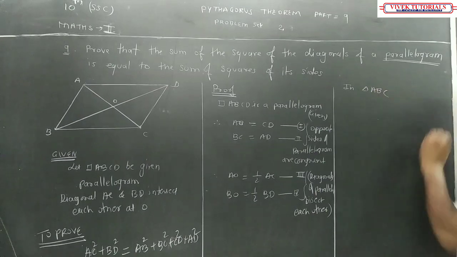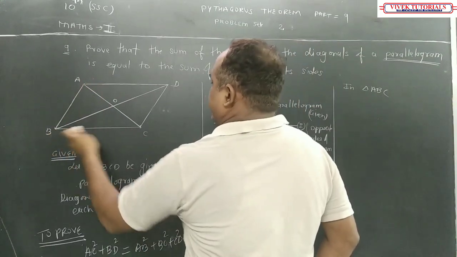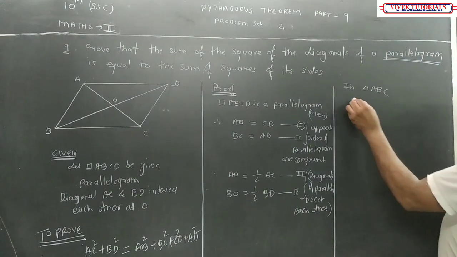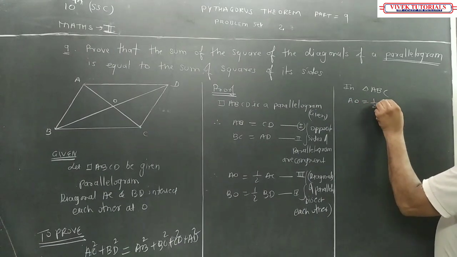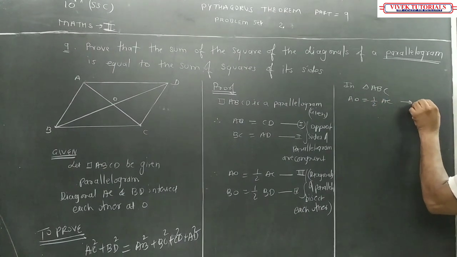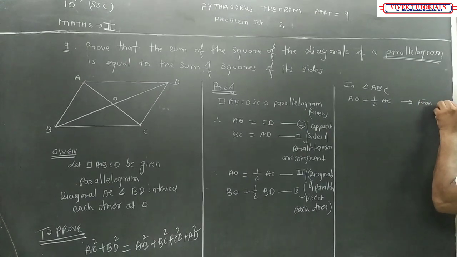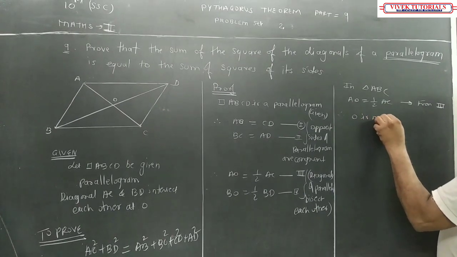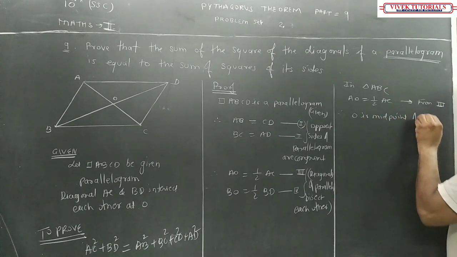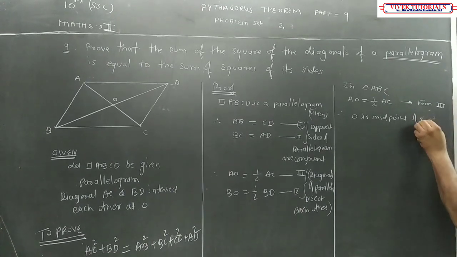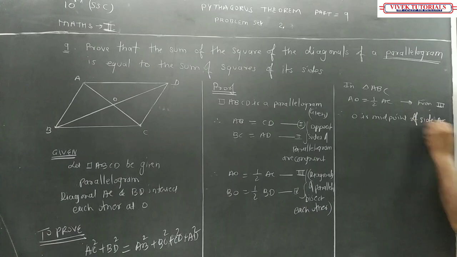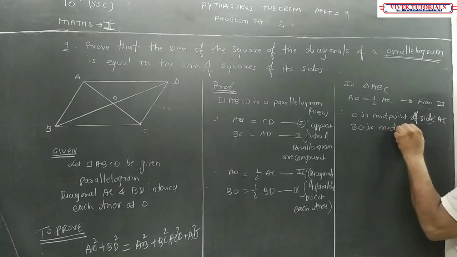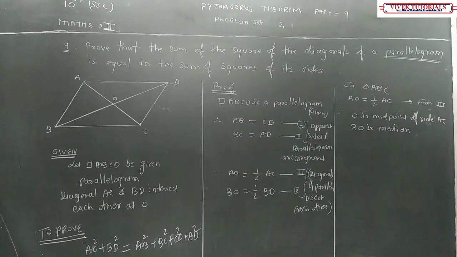In triangle ABC, AO is equal to half of AC from 3. Therefore, I can say that O is the midpoint of side AC, and BO is a median. BO is a median.